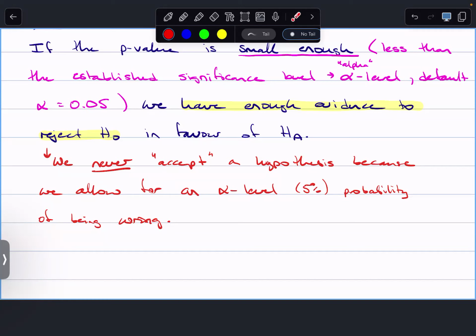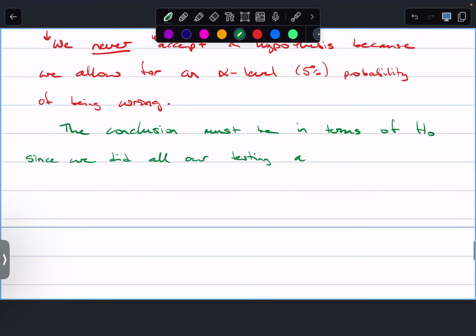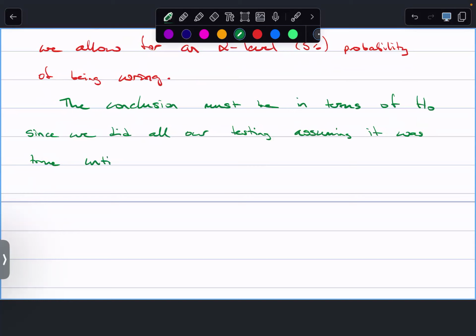Your conclusion must be in terms of H naught, since we did all our testing assuming it was true until we potentially found proof otherwise. And that proof is in that p-value.